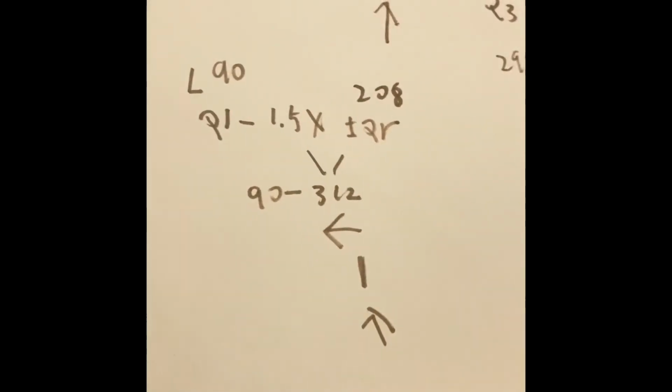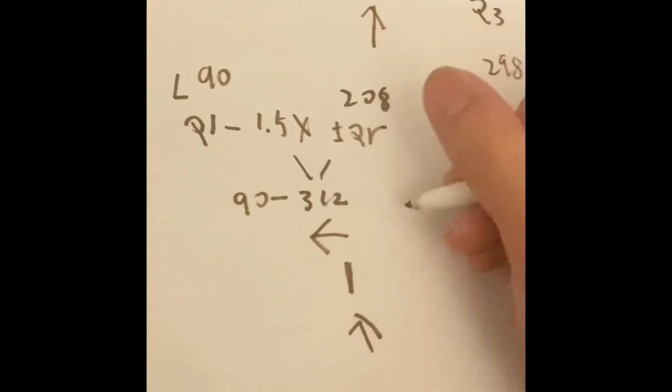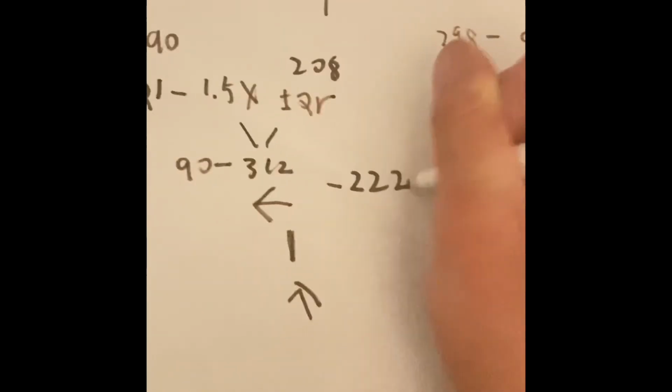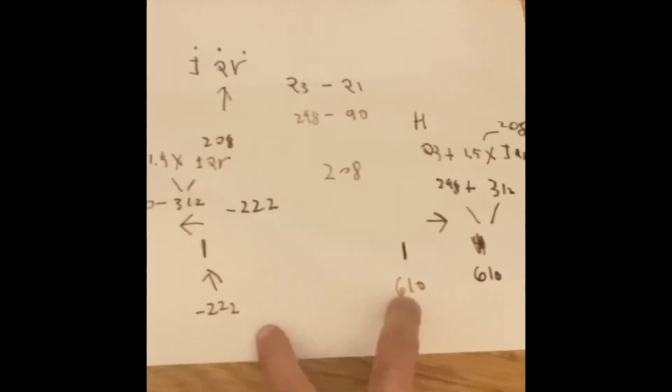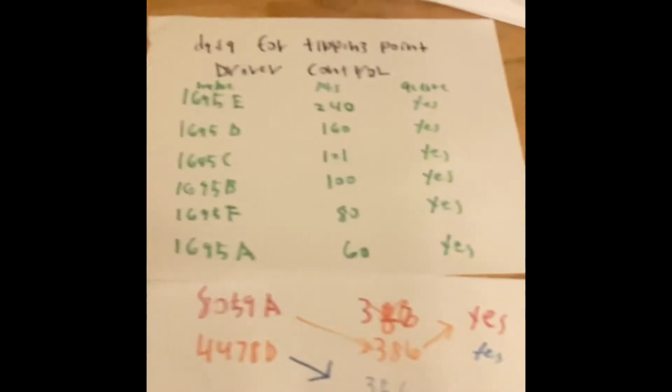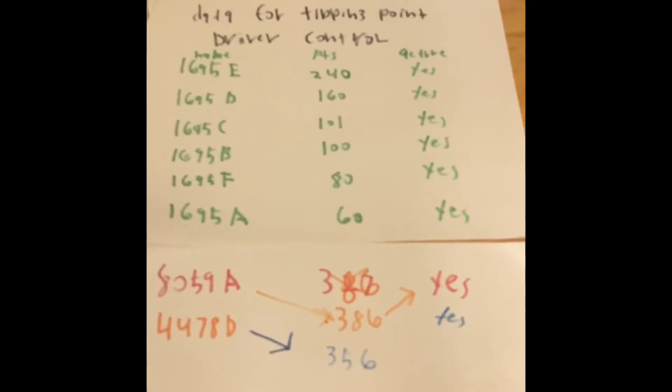We're supposed to get an answer of negative 222. So negative 222 is the lower fence, and 610 is the upper fence, which means no number is over or under the limits, which means every team's score is within the range of the two numbers.